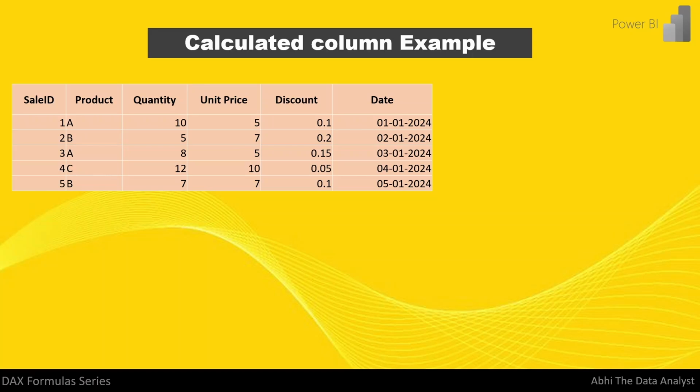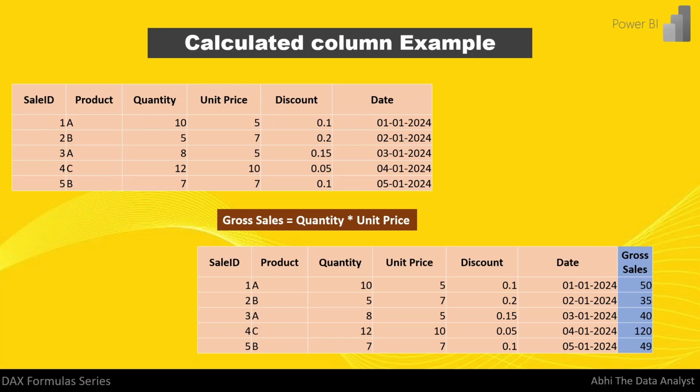To get the sales you want to create a new column. So how do you do that? Basically you will go ahead and create that with the formula. Once you create a calculated column, that particular column will be added to your data model. So your initial data model and then an added column.